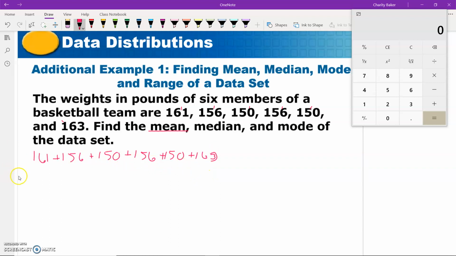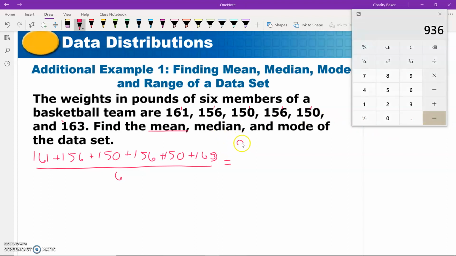Then we're going to add them all up, and then we're going to divide by 6, because that's how many of them there are. This is our mean. I'm going to use my calculator to do all my work for me. So I've got 161 plus 156 plus 150 plus 156 again plus 150 again plus 163. And that's going to equal 936.